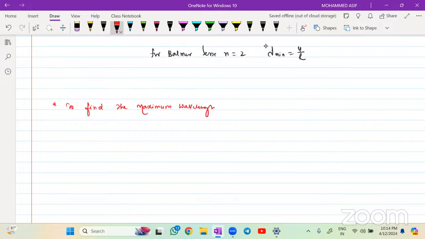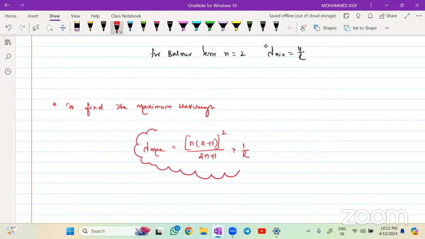I can use the formula lambda max equals n into (n plus 1) whole square divided by (2n plus 1), multiplied by 1 by R. R is a constant. So lambda max equals n into (n plus 1) whole square divided by (2n plus 1) multiplied by 1 by R. Clear?